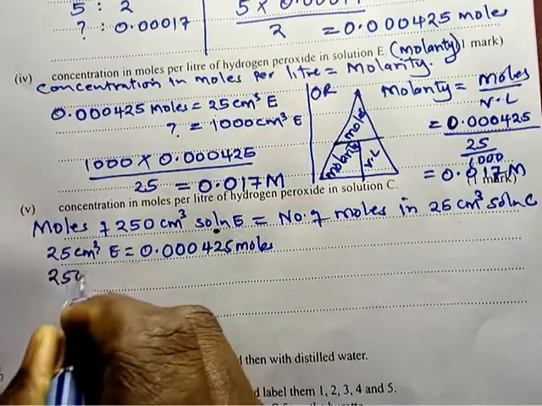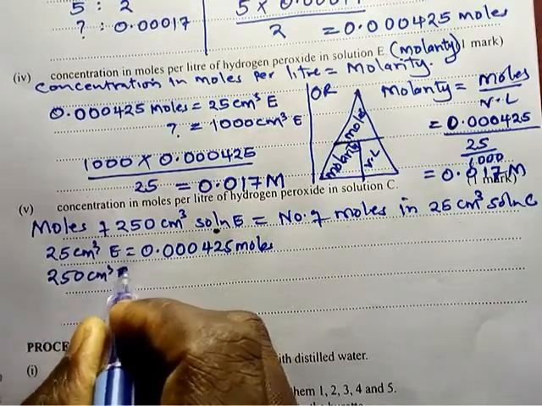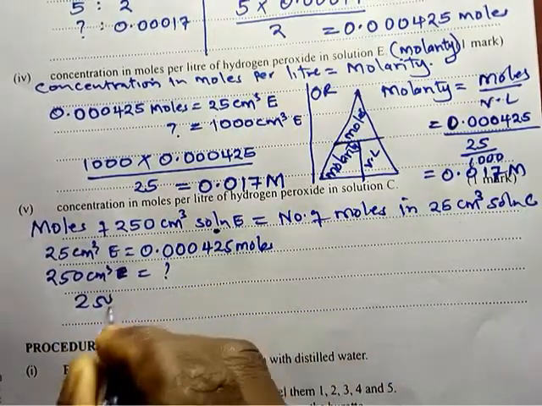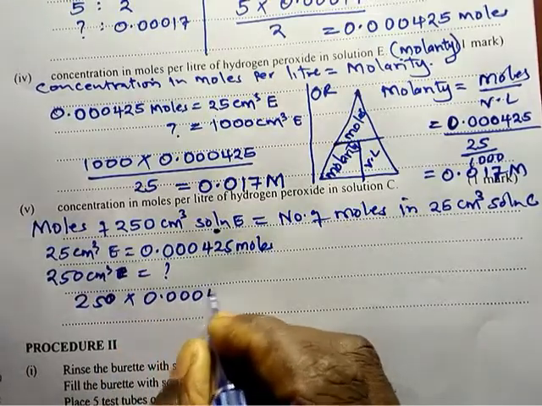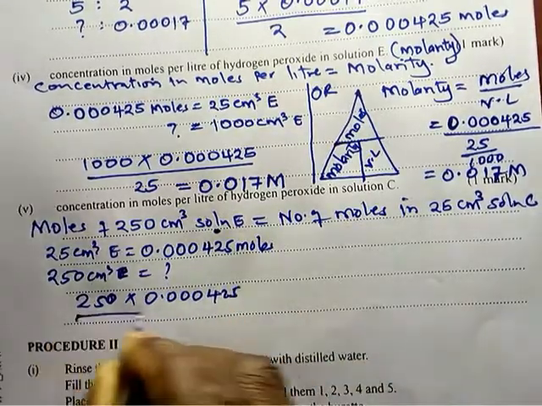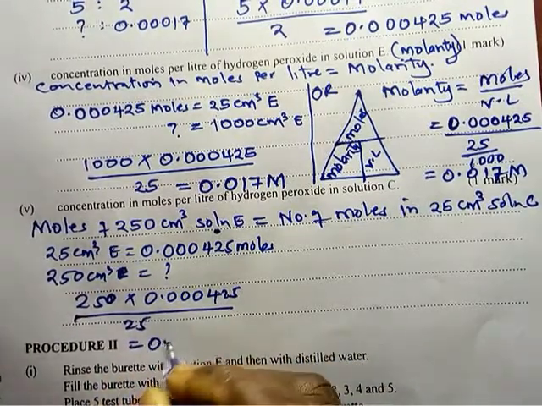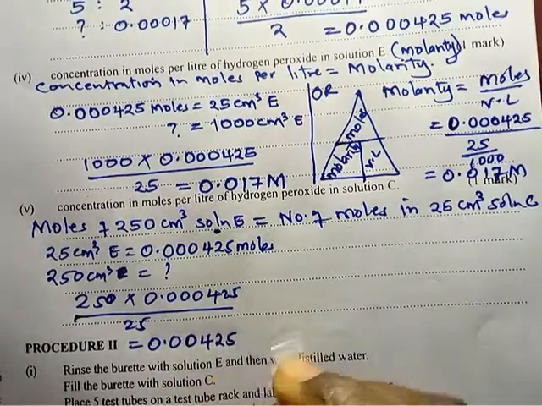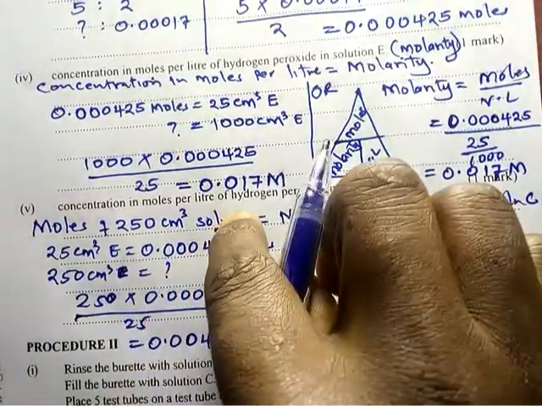We will find 250 first of E. This one will give us 250 times 0.0000425, we divide by 25. And the answer is going to be 0.00425 moles. So this is the number of moles in 250 centimeters cube solution E.